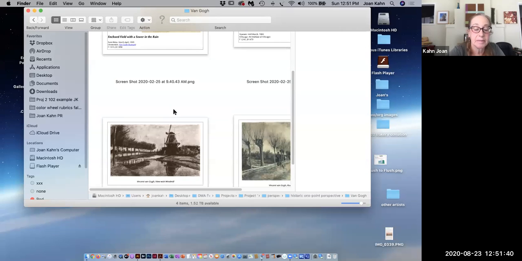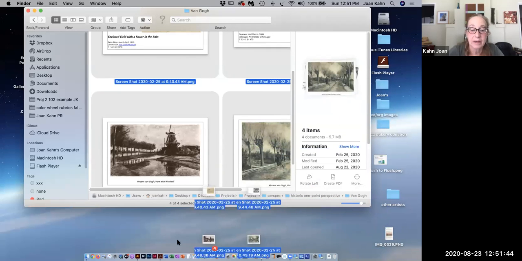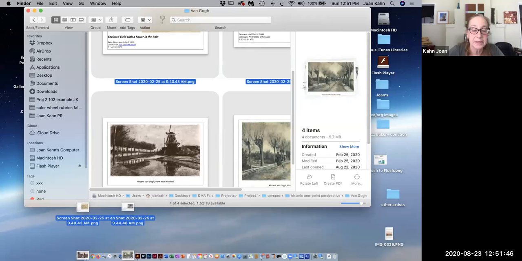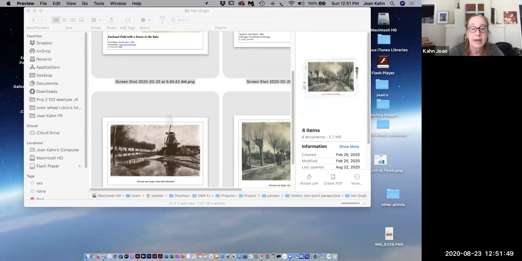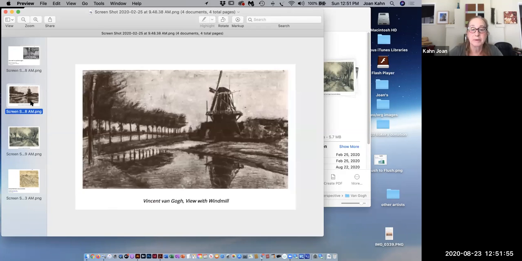This is Van Gogh, paintings by Van Gogh or drawings by Van Gogh. And because he's well known, I thought you'd enjoy seeing that he used 1 point linear perspective quite a lot in his work. This is View with a Windmill.